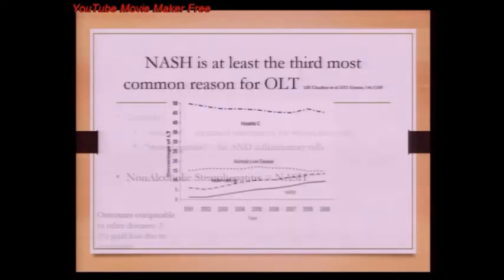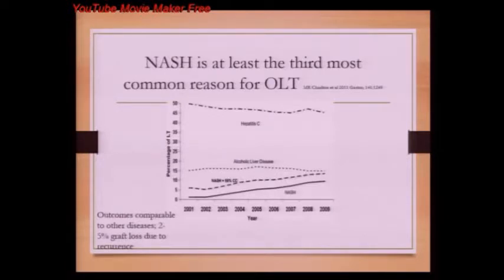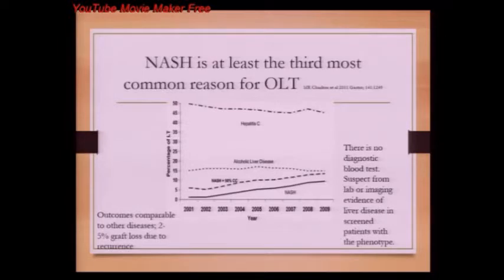As I say, it soon will be the most common cause of transplantation as hepatitis C drops down and NASH increases. We can guarantee that's going to be here by the end of the year. On the other hand, when they do liver transplantation, they do just as well as people transplanted for anything else. So it's available to patients who qualify.